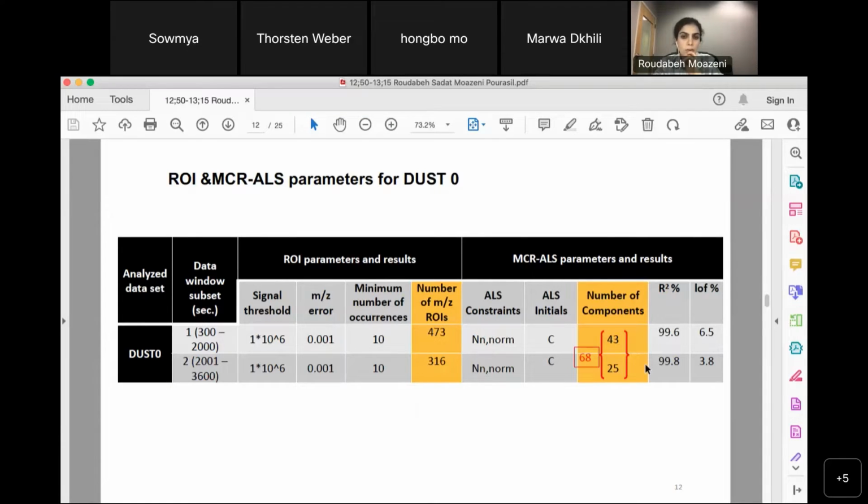After ROI, we applied multivariate curve resolution with these parameters. The number of components identified by MCR was greater than the number of chemical compounds in dust 0, because some of the resolved elution profiles correspond to background and noise. Please go to the next slide.